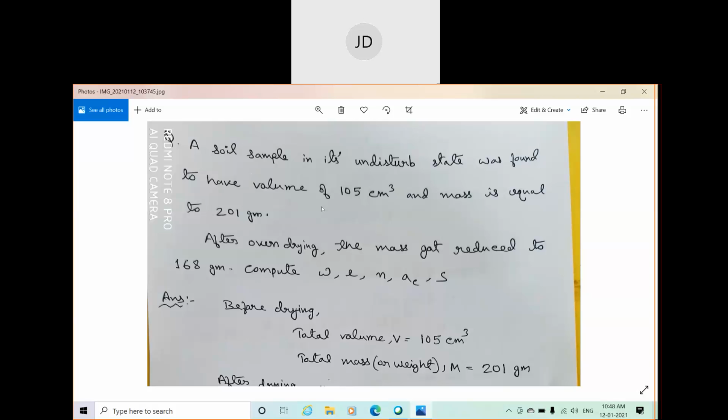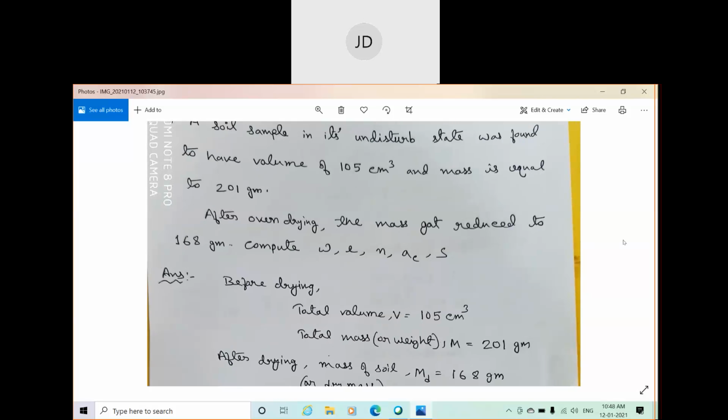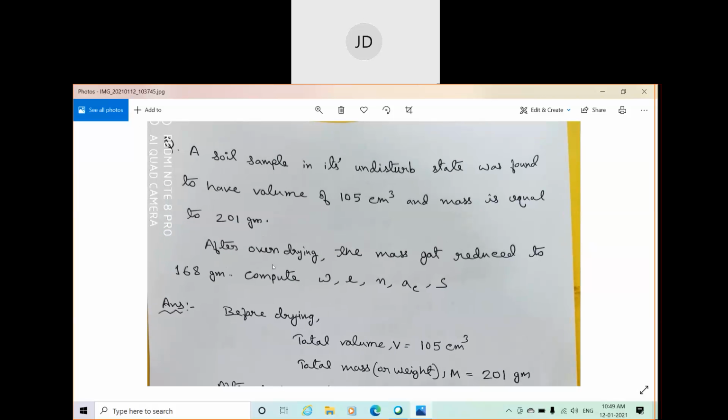After oven drying, the mass got reduced to 168 gram. After oven drying, what will happen? Whatever moisture was present in the soil may evaporate.